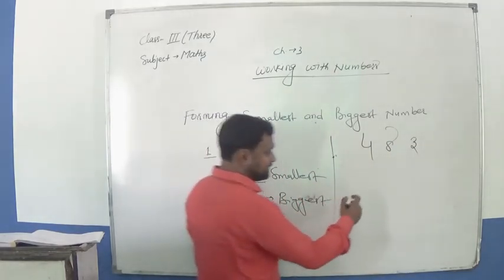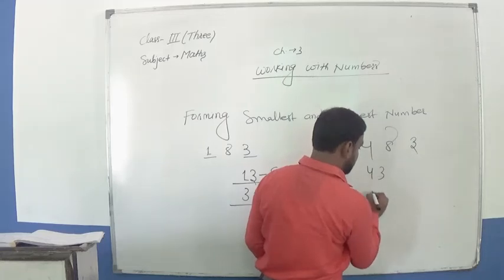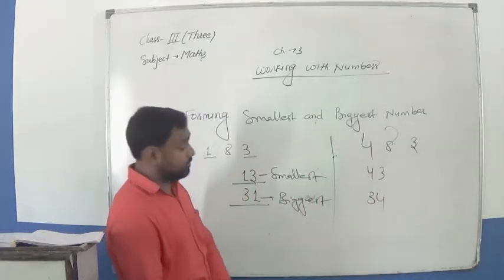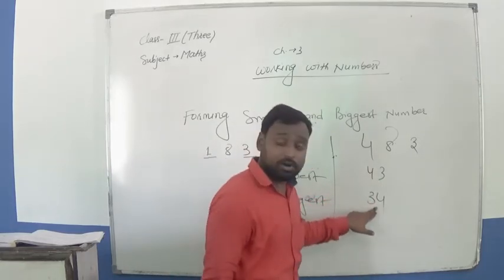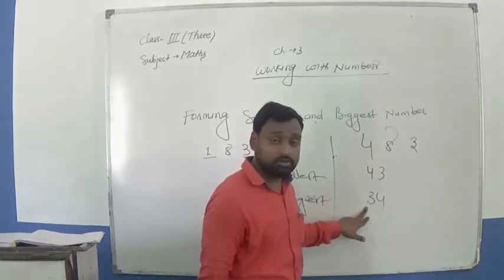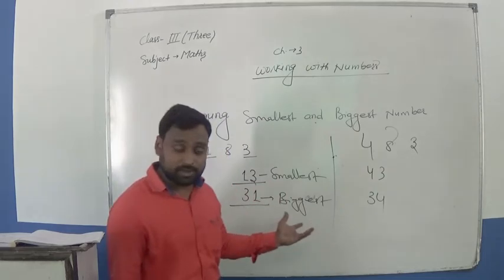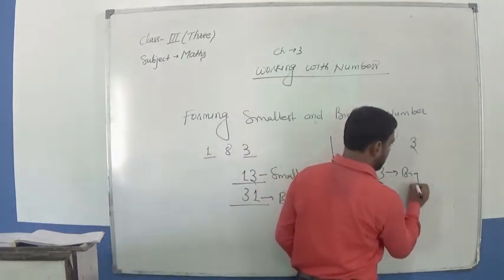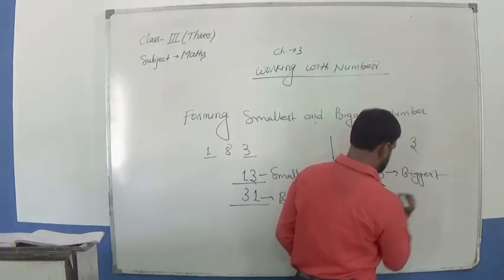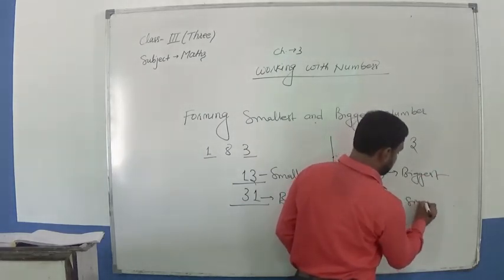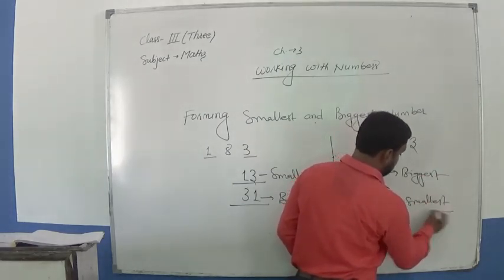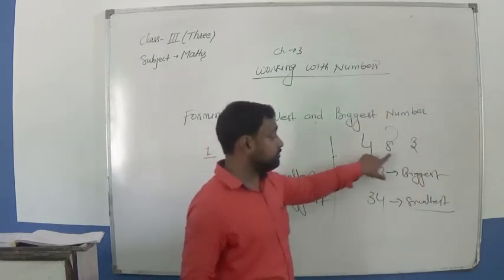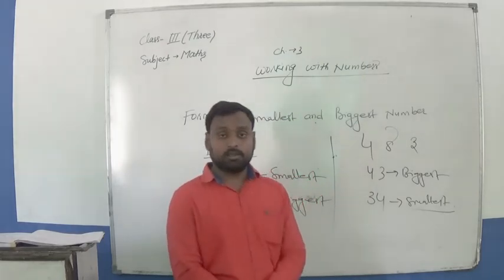You can form either 43 or 34. Okay, there is no other option. So 43 will be the biggest and 34 is the smallest number we can form from 4 and 3.